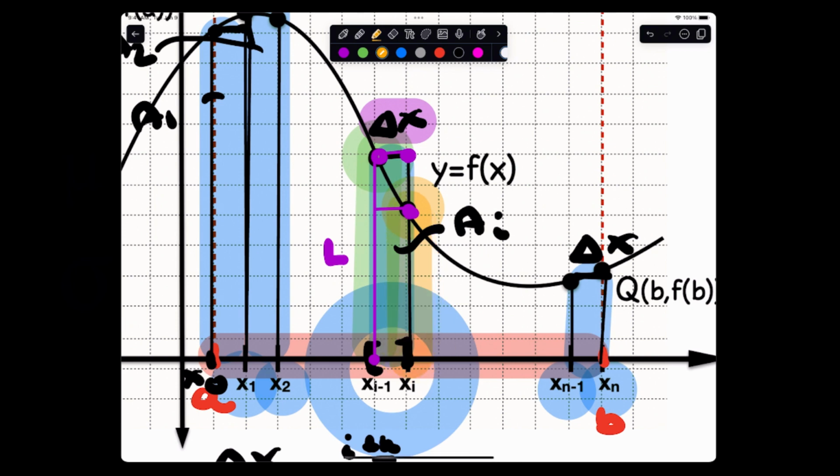That's based on which endpoint you use for your interval to get the length of that rectangle, and in one case it'll be bigger than the other. So the left endpoint in this picture gives you this rectangle, and the right endpoint gives you this rectangle.